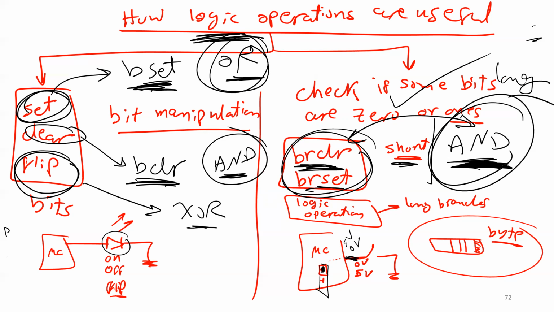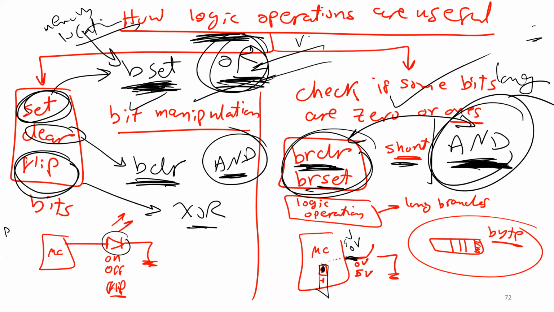Is there any advantage to using OR over this one? The answer is no. If you are dealing with a memory location, both of them should be the same thing. Maybe this one has only one minor advantage, because this one can only work for memory locations, but this one can work for registers as well.